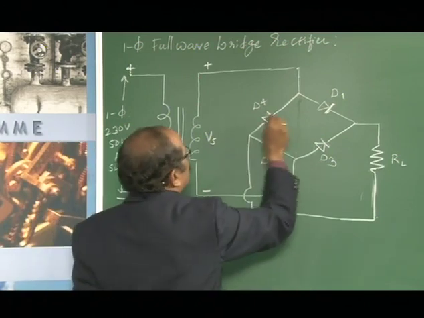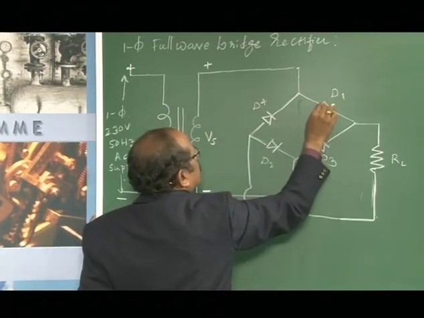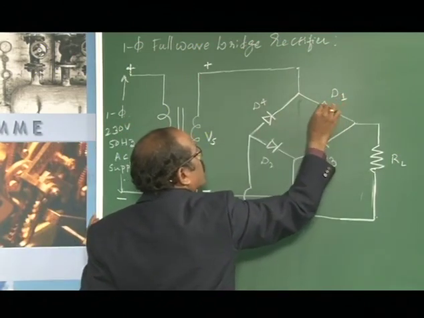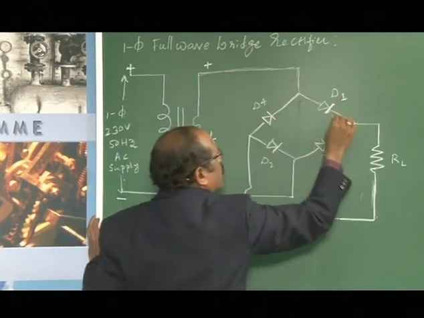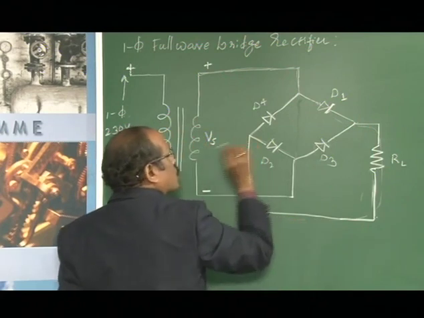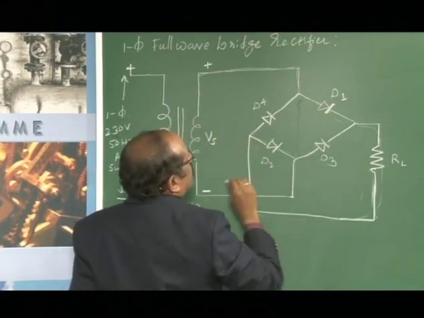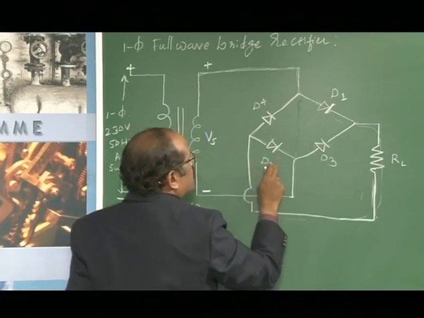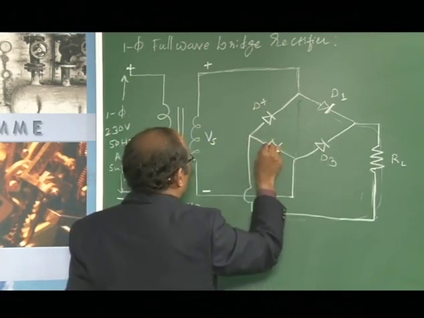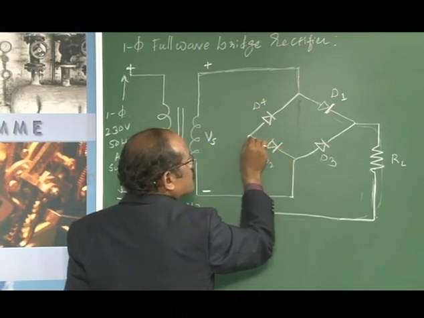So now what happens here, you can see that the anode of diode D1 is at positive potential with reference to the cathode, and likewise the anode of diode D2.